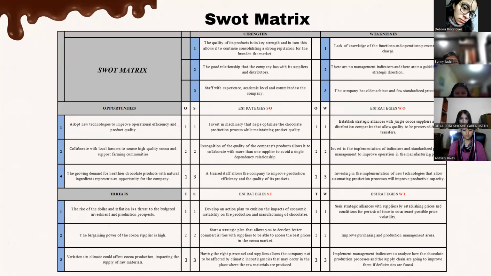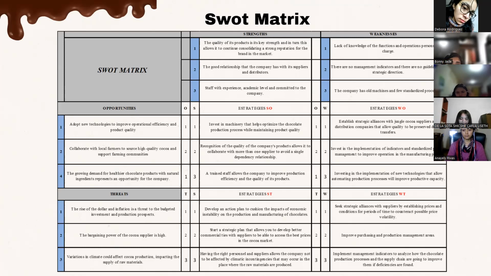In weaknesses, we consider that they are good management indicators, and there aren't guidelines for the strategic directions. Also, the company has old machines and few standardized processes, and there is a lack of knowledge of the function and operation among the personnel in charge.